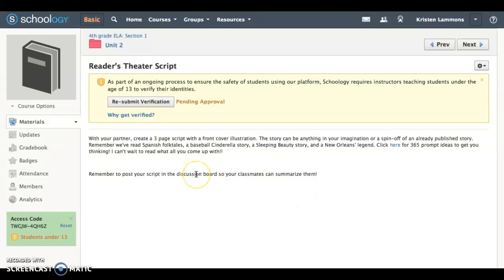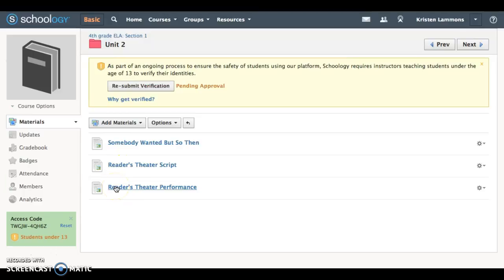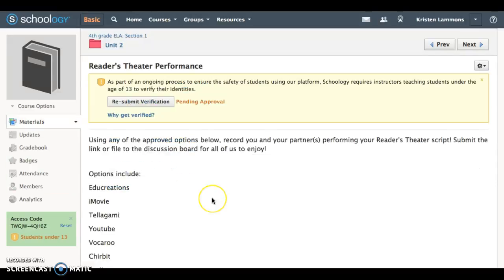So they are to write their script with their classmate and post it so that we can all access them. And then the last thing that they need to do is film themselves, their group, performing their Reader's Theater.